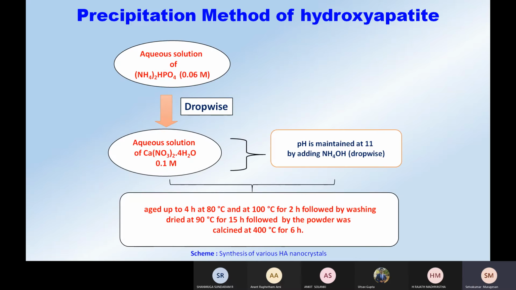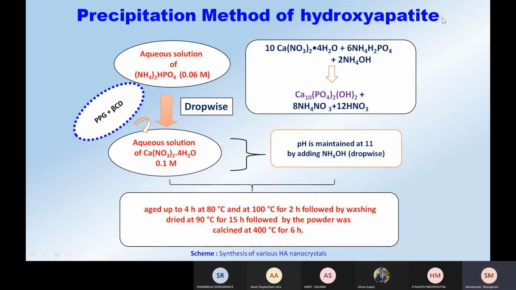So this is one of the examples of the precipitation method for the preparation of hydroxyapatite. You can see here they have taken calcium nitrate and diammonium hydrogen phosphate as precursors for calcium and phosphorus, or phosphate. And they have also taken ammonia to maintain a certain pH.